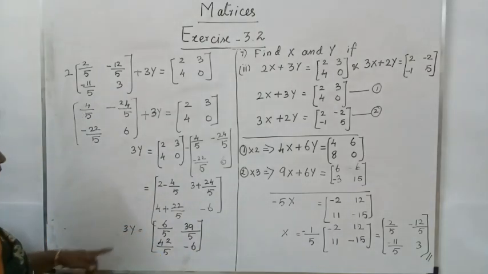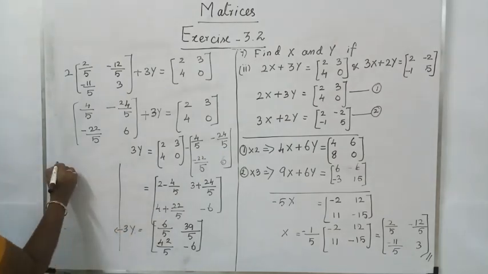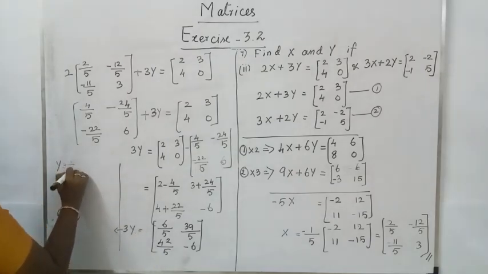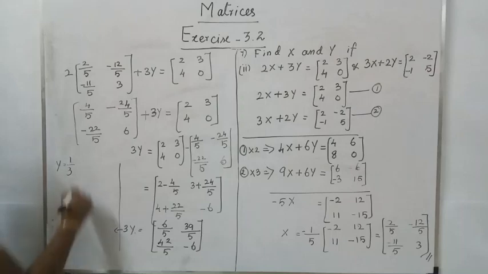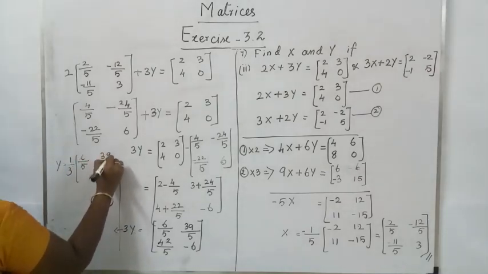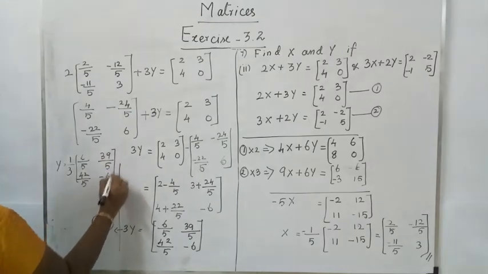You have to get the y value from this. From here you get y is equal to 1 by 3. This 3, while it goes to this side, will become 1 by 3, into [6 by 5, 39 by 5; 42 by 5, minus 6].